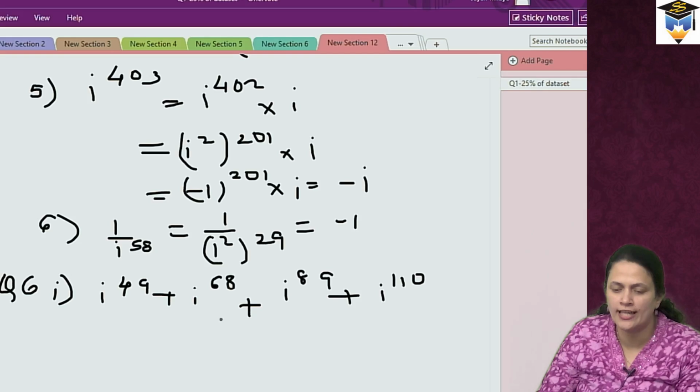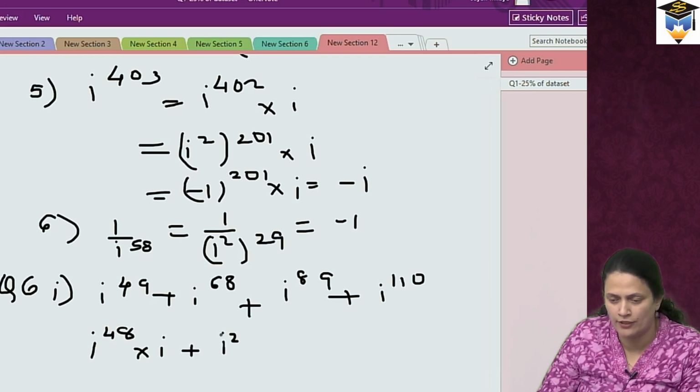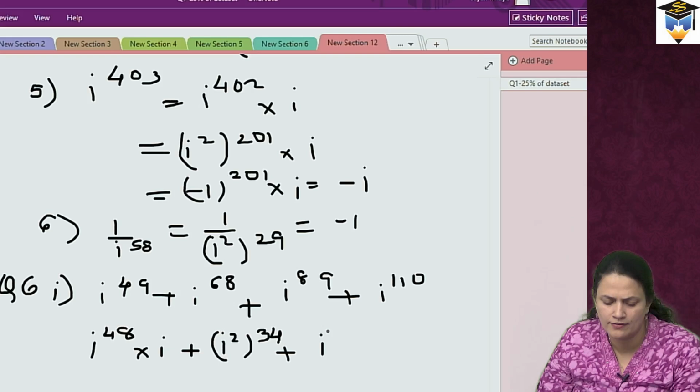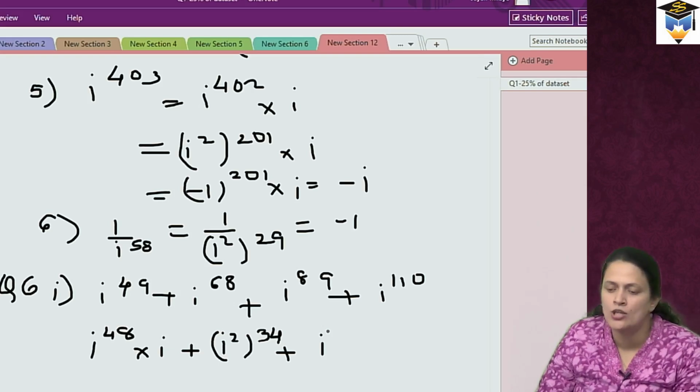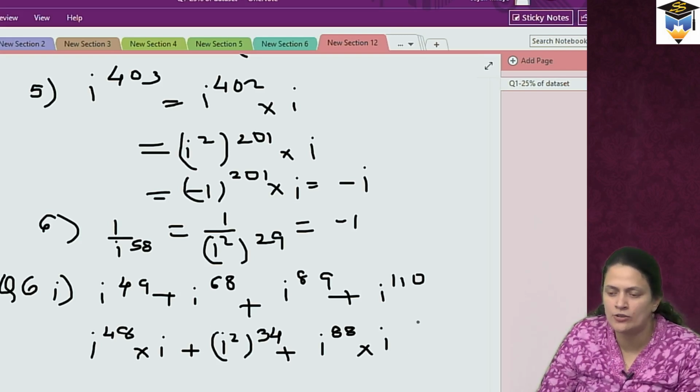So i raised to 49 can be written as i raised to 48 into i. i raised to 68 can be written as i square raised to the power 34. Is it 89 or 88? 89, right? So i raised to 89 can be written as i raised to 88 into i. Correct? And this we can write as i square raised to the power 55.